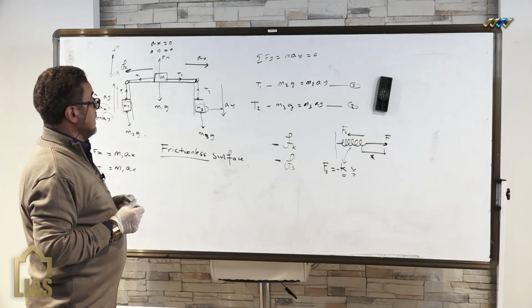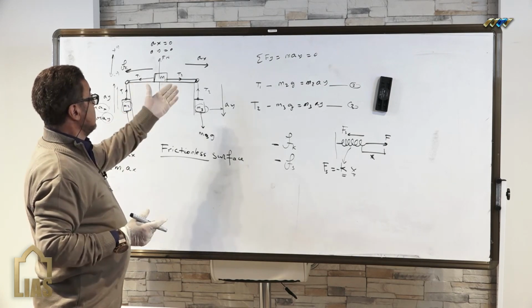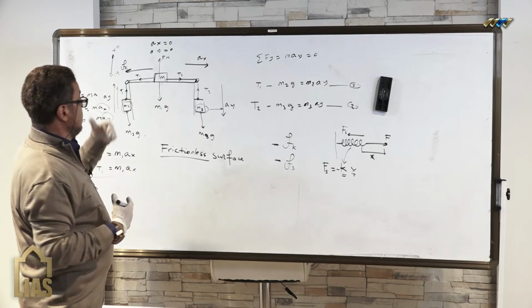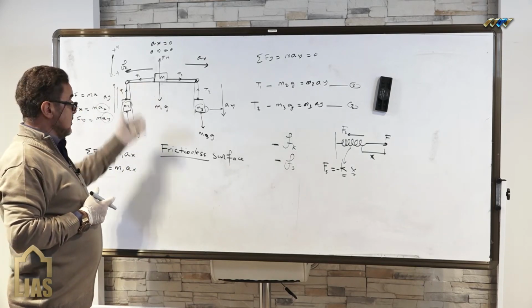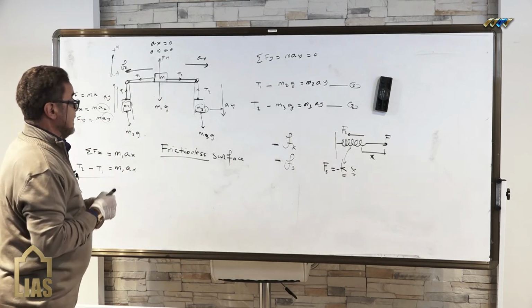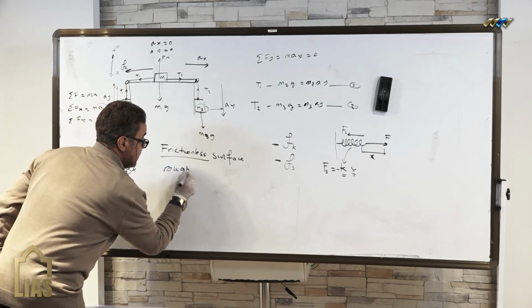Okay, so far we moved and we hanged with no movement. We make the soft surface and we make rough surface for frictionless and rough surface.